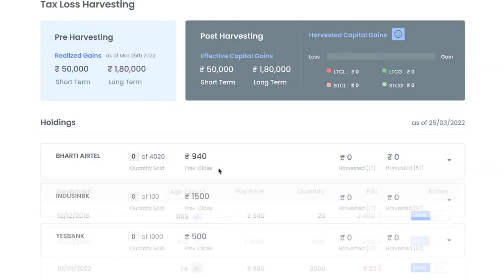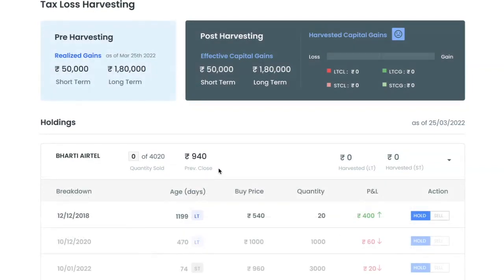So let's say we expand into Bharti Airtel, and this is my current holding. I have a few positions that are long term, and I also have a short term position. Because of the FIFO rule, you will have to first sell your oldest position, the first position that you acquired. In this case, 12/12/2018 is the oldest position. So I can sell it, right?